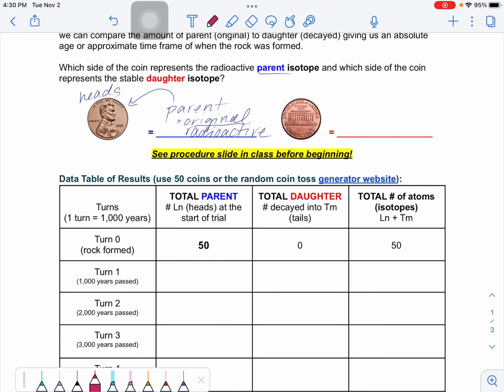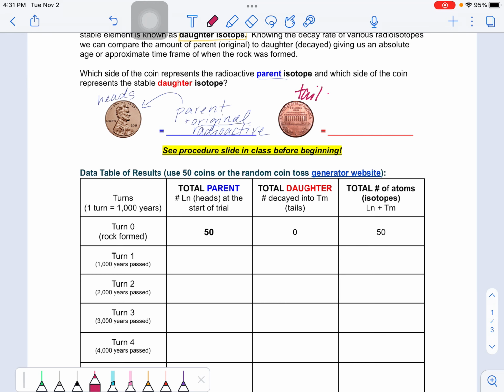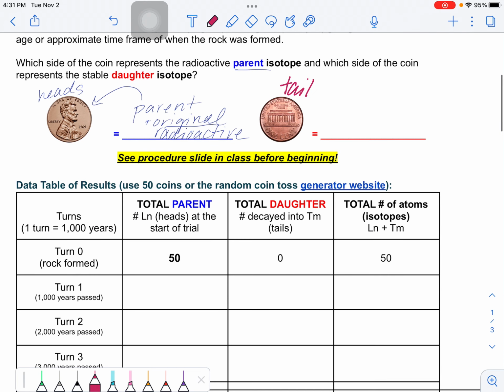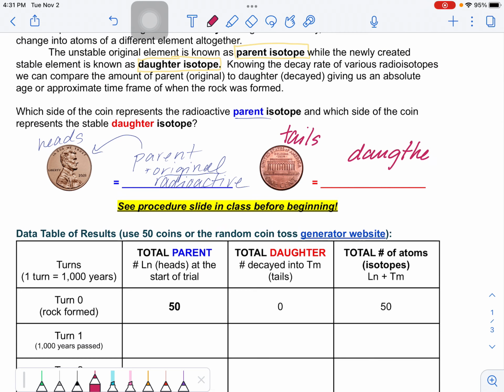Our tails is representing something called daughter material. And daughter material, well, is representing the decayed material. Okay, the newly formed decayed substance. This is the stable material.